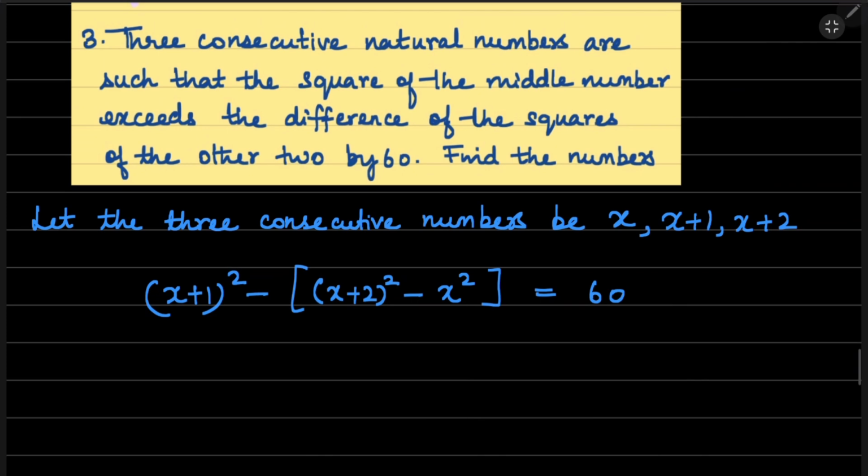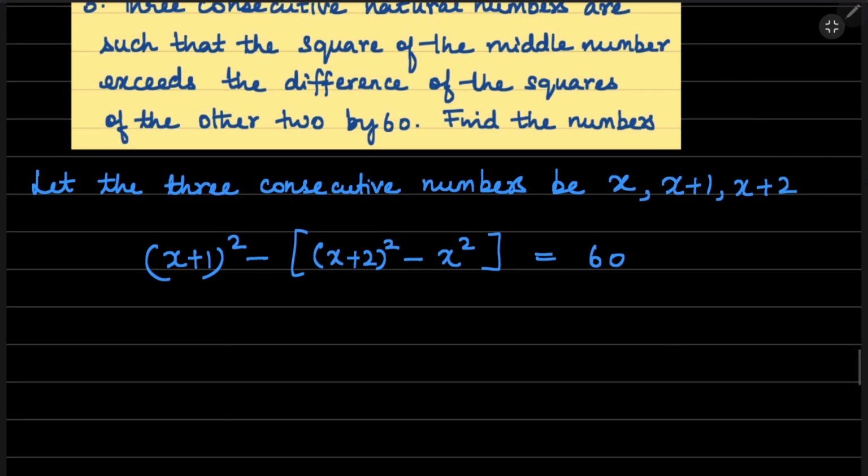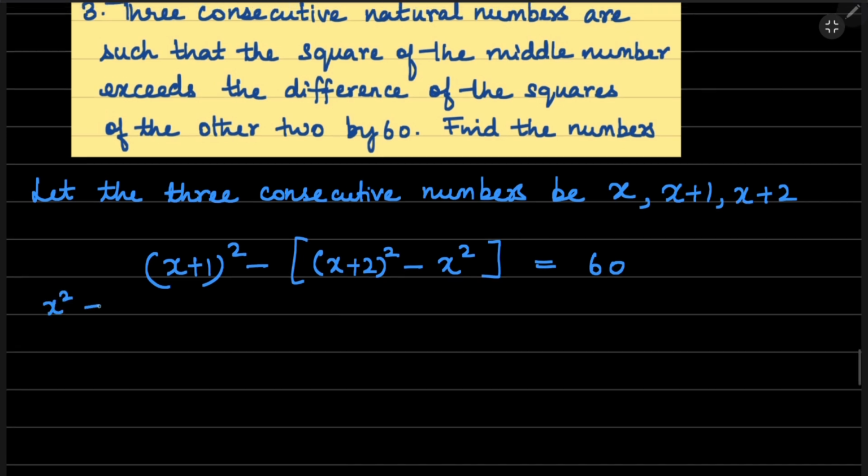So let's just solve for x. Once you know x, you will get the other two numbers as well. So just expand it using a plus b the whole square. So you have x square plus 1 plus 2x, a square plus b square plus 2ab, minus, open the square bracket.